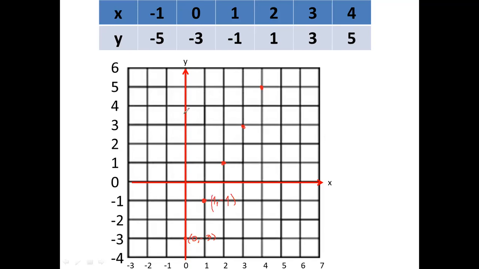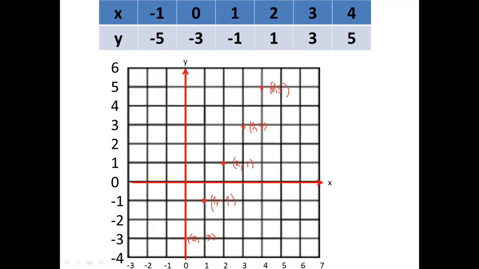And we have also x is 2, y is 1. So this is 2 and 1. Then x is 3, y is 3. And the last, when x is 4, y is 5. So this will now be what our graph looks like.